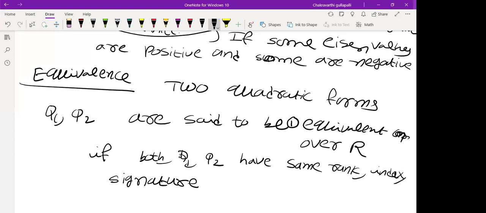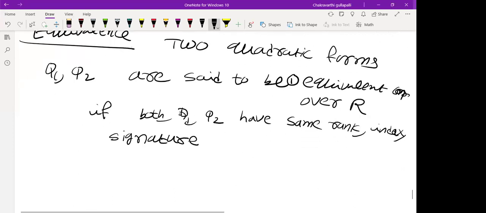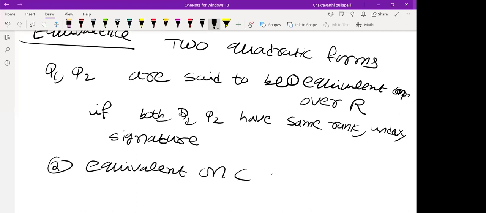And they are said to be equivalent on C if Q1 and Q2 have the same rank. How about index and signature? No information.